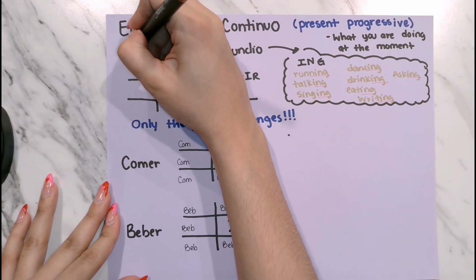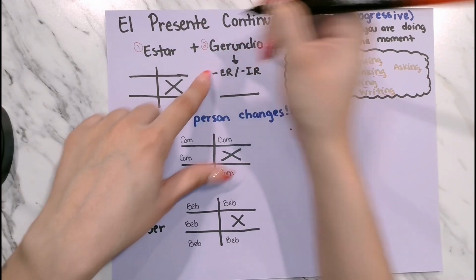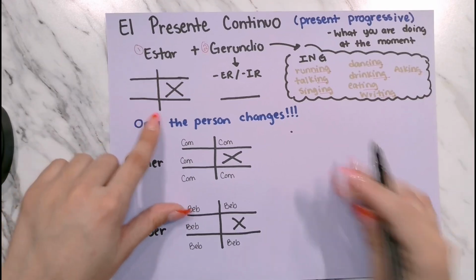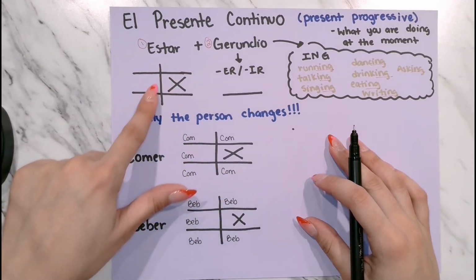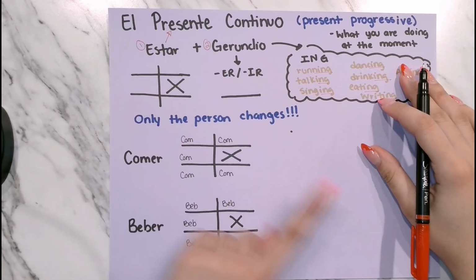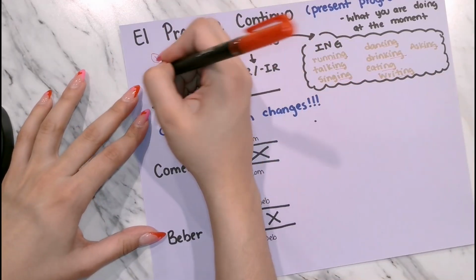Okay? Remember, el presente continuo is formed of two things. Number one, estar. Número 2, gerundio. ¿Ok? Ya sabemos que cuando estamos hablando de estar es en el presente, no pasado o futuro. ¿Ok?